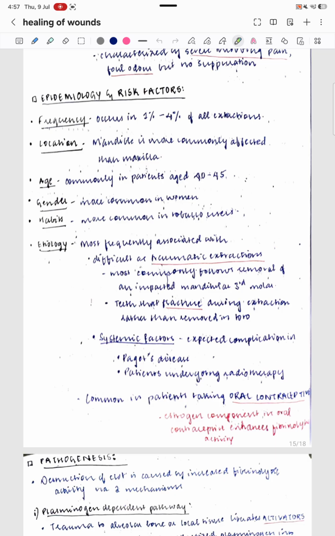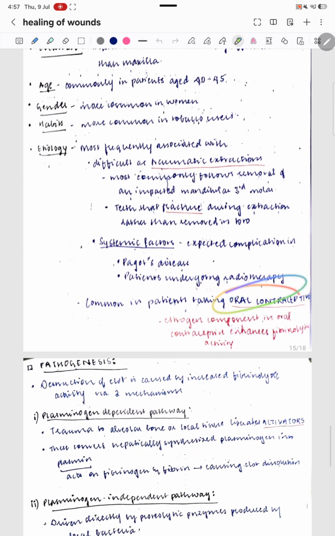Systemic factors include complications such as Paget's disease or patients undergoing radiotherapy, and it is also common in patients taking oral contraceptives. The estrogen component in oral contraceptives enhances fibrinolytic activity.